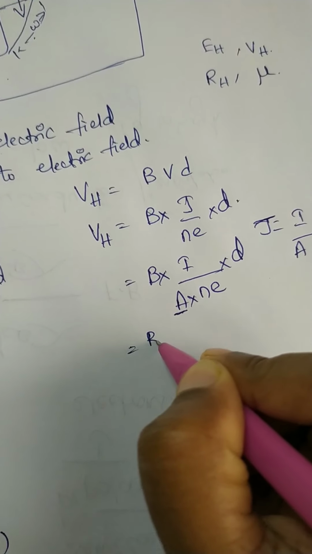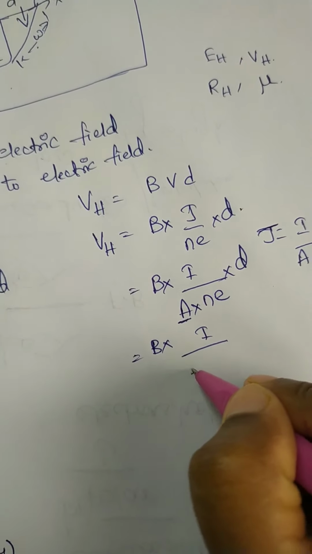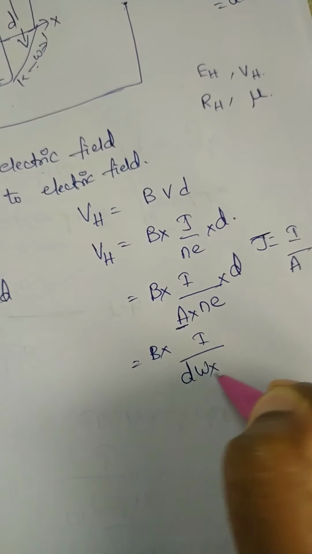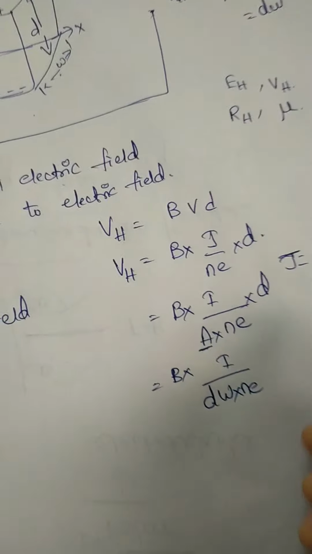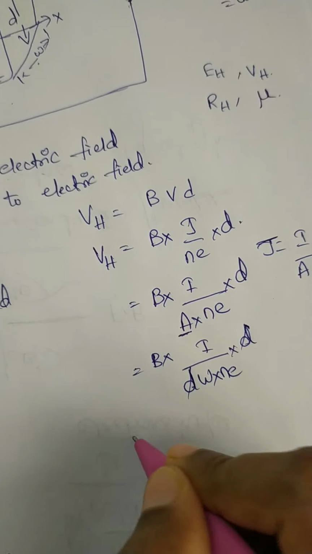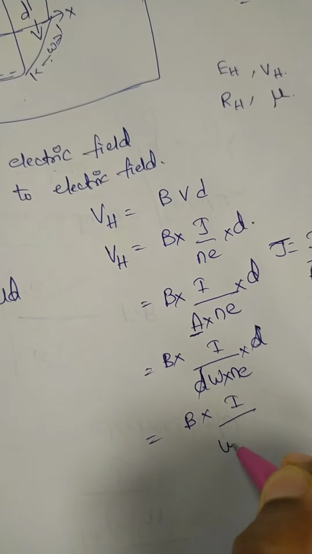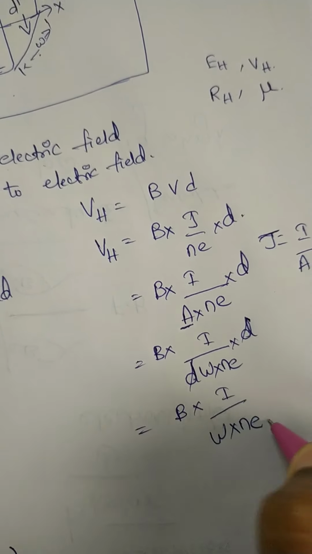That is equal to B into I by dW into ne into d. The d cancels, then we get B into I by W into ne.